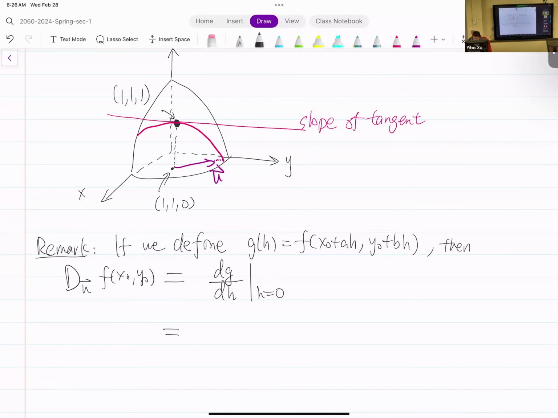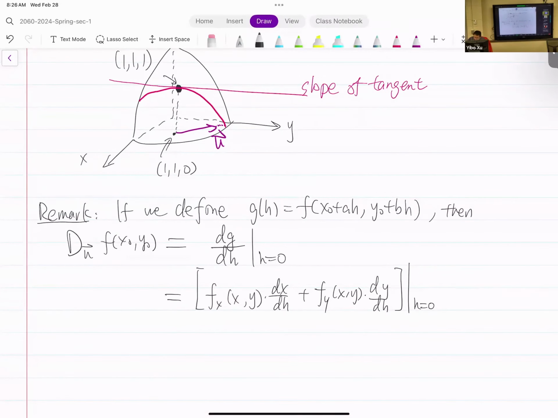I'm not gonna repeat the diagram, but basically we have f sub x. So instead of writing del f del x, we are writing f sub x of x, y as the partial derivative function, multiplying by dx/dh plus f sub y of x, y, multiplying by dy/dh. Okay, so that's the chain rule, case one. And then we evaluate at h equals 0.